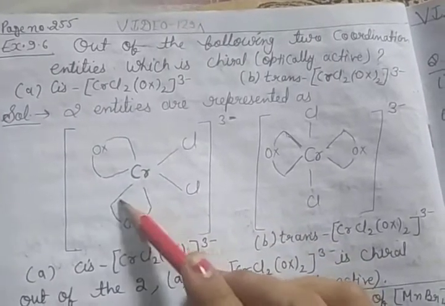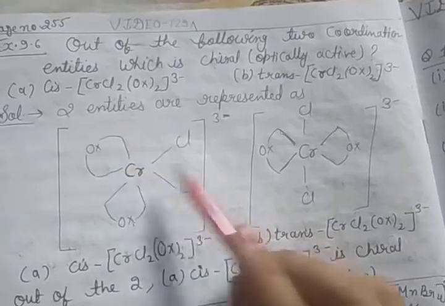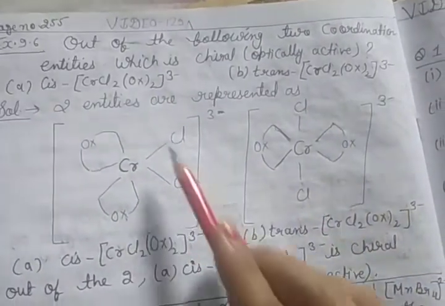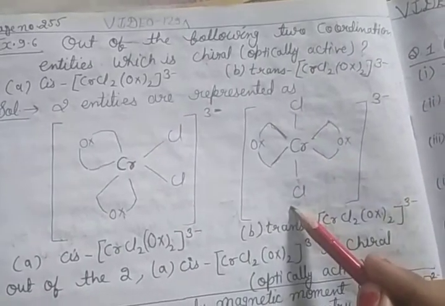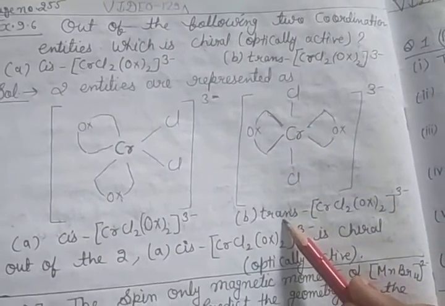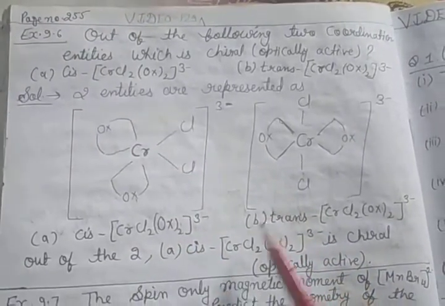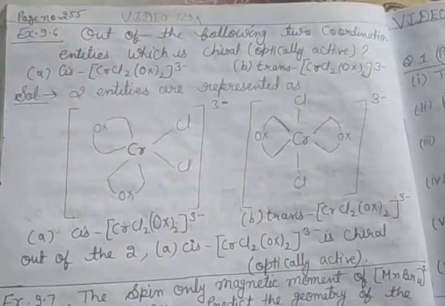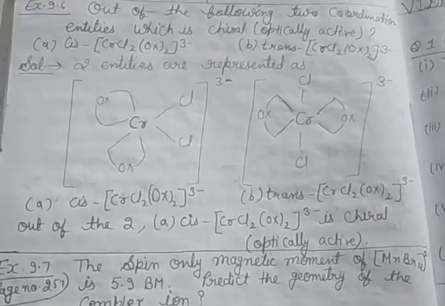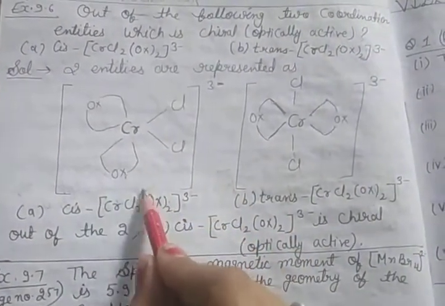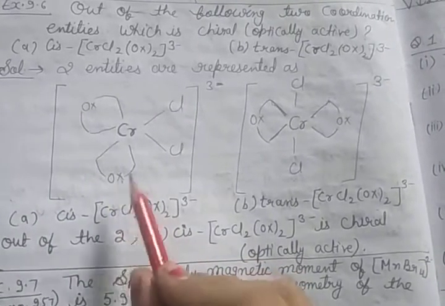See, 1, 2, 3, 4, 5, 6 attached this way, with charge 3-. Cis means nearer, and trans is attached the opposite way. Out of the two, the cis is optically active because it is non-superimposable, but the trans is superimposable. So the cis isomer is chiral and optically active.